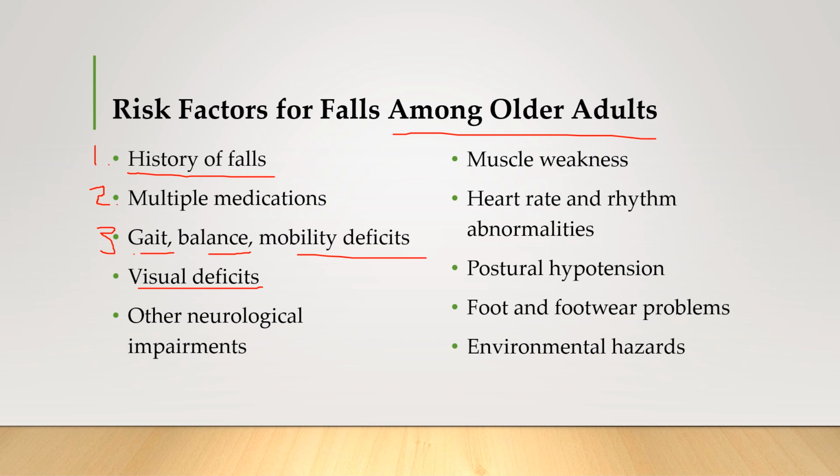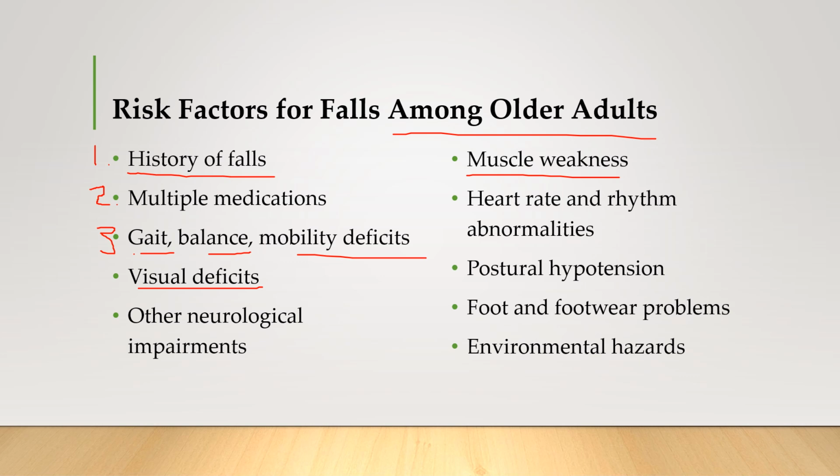Other types of neurological impairments, if there is muscle weakness, maybe lifting objects from the floor can be very difficult. So let's say somebody has weak quadriceps muscles and they go to bend their knees to pick something up off the floor and they can't control that movement eccentrically. Well, that's a risk for falls too, right?